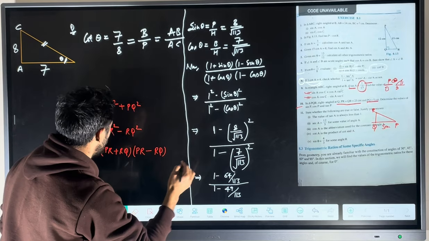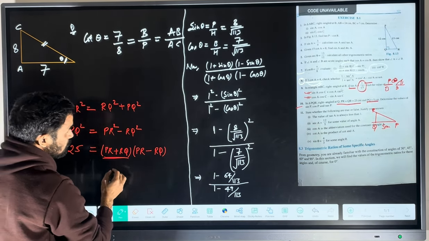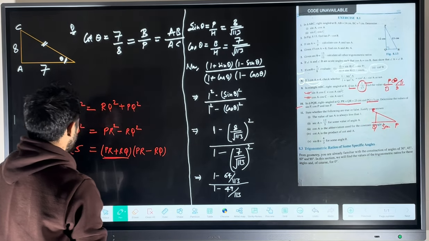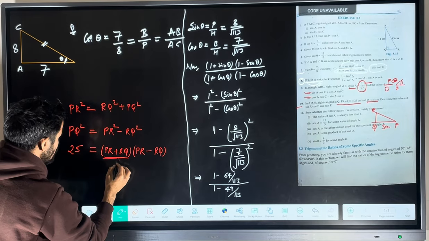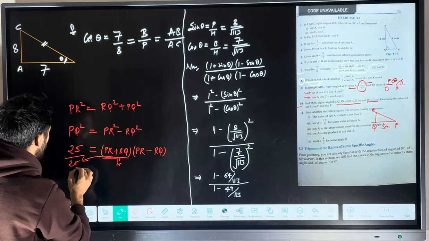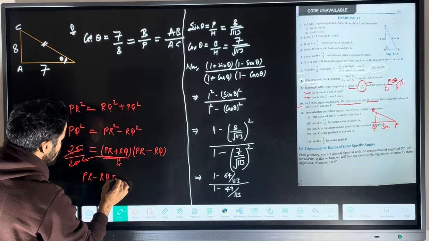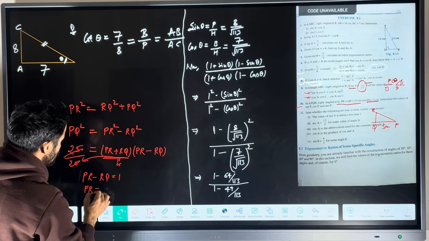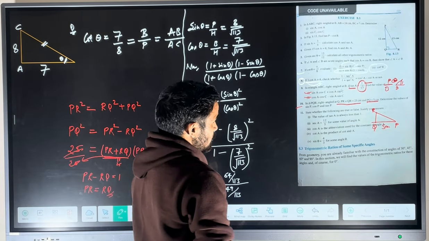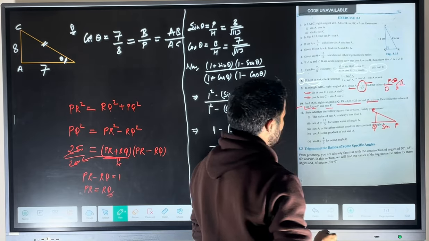What is the value of PQ? 5. 5 square is 25. And PR plus RQ is 25. So it is equivalent to 25. Now 25 upon 25, that is PR minus RQ is equal to 1. Now you can find sin P, cos P, tan P by simply applying the formula.